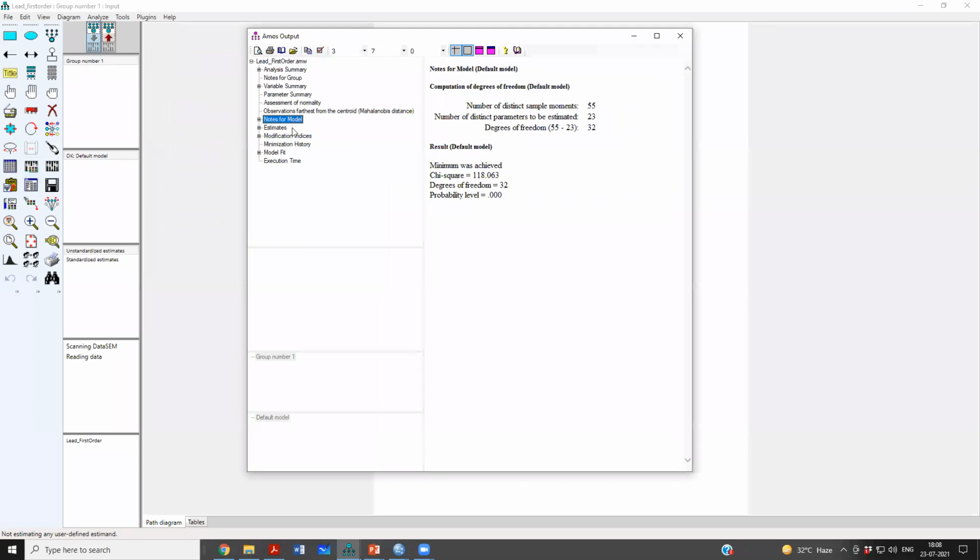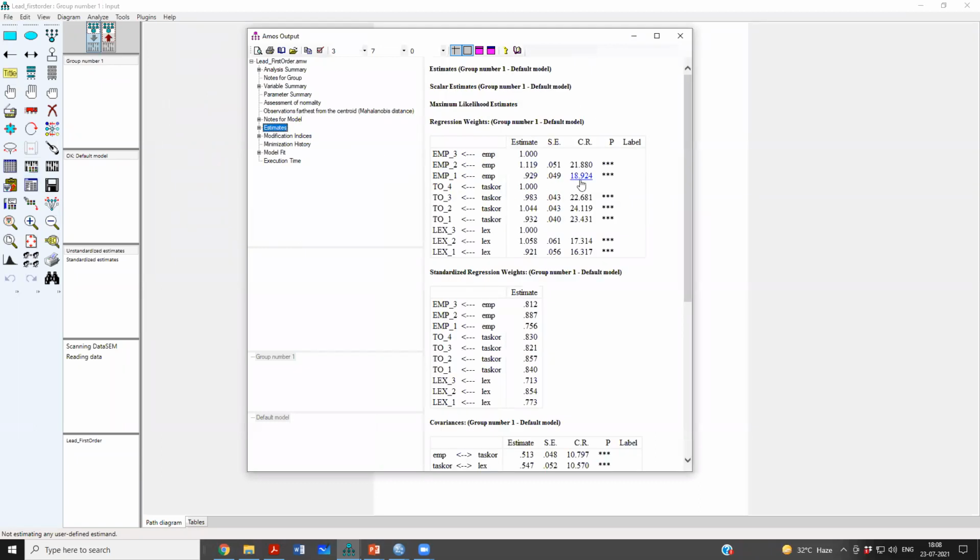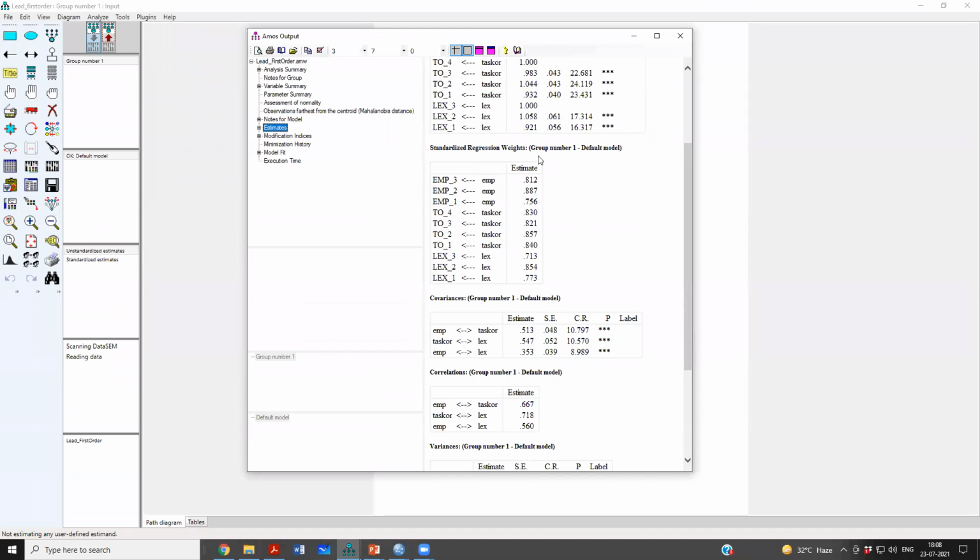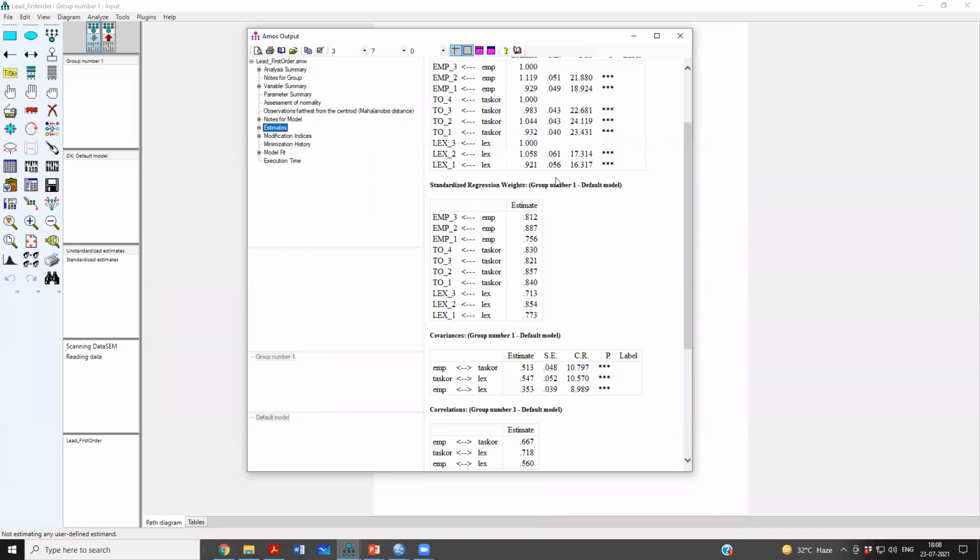All right. So then notes for the model, then the estimates. Estimates is the output. This is the unstandardized output. When we say regression weights, this is the unstandardized output. And then the standardized output is in the second table, which is here. These are the standardized coefficients, and we usually report standardized coefficients in our research paper.